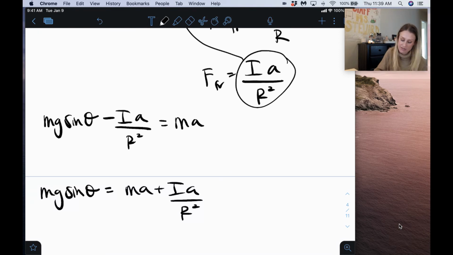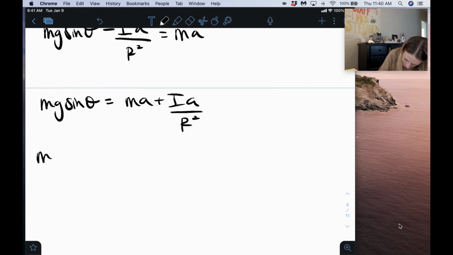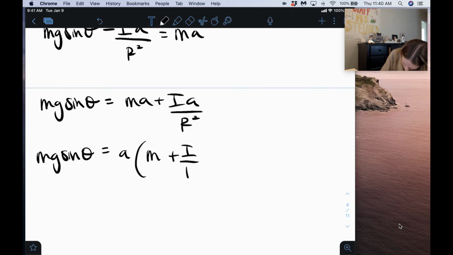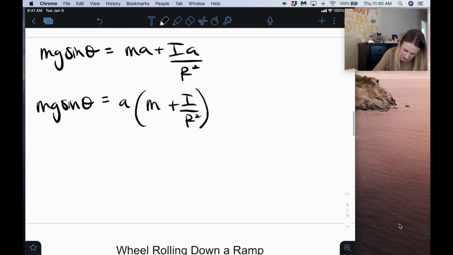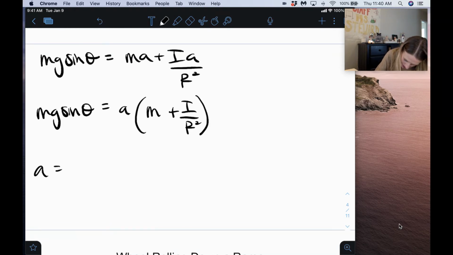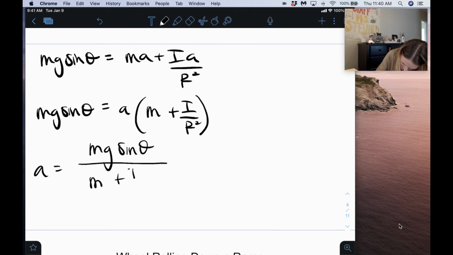And then I'm going to factor out an A. And then divide both sides by this quantity m plus rotational inertia I over r squared to get acceleration by itself. So we end up getting acceleration is equal to m g sine theta divided by m plus rotational inertia over r squared.